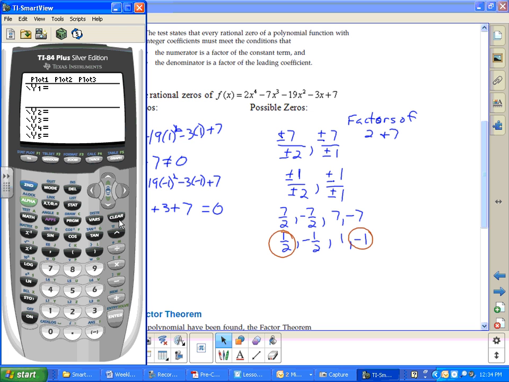We have 2x to the fourth minus 7x cubed minus 19x squared minus 3x plus 7. Okay. And graph it.